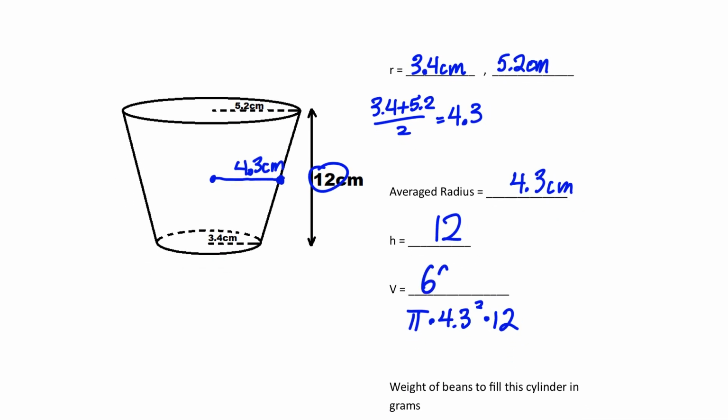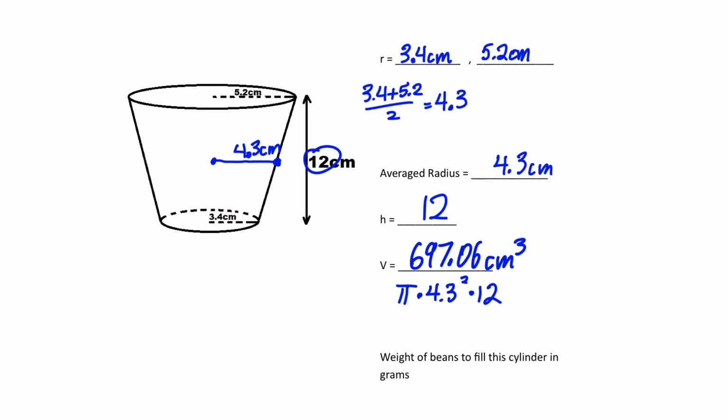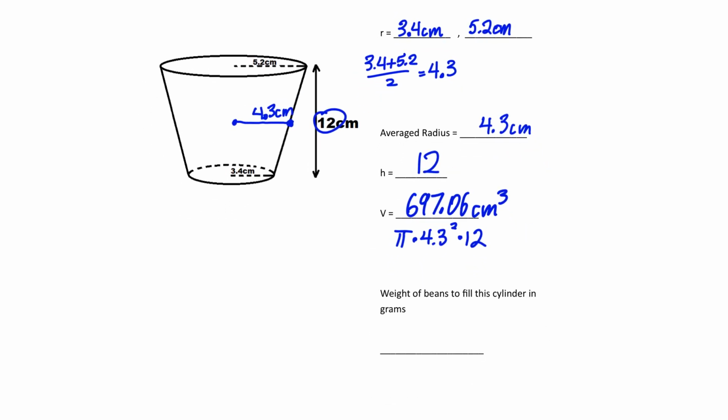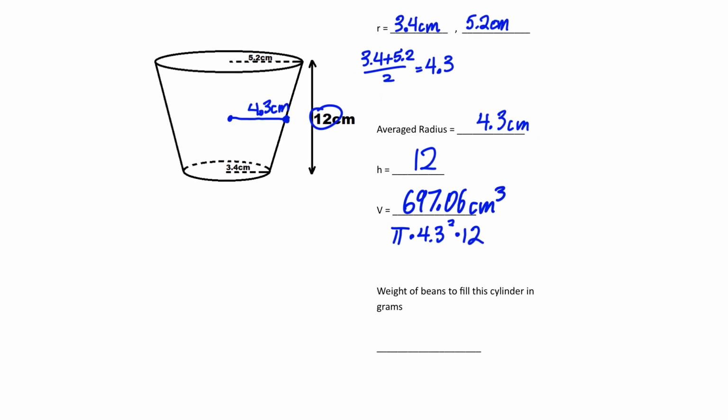697. Okay. So 697.06 cubic centimeters. And so that would be the volume. I want to find out how many grams of beans would fit into that thing. So I'm going to take 697.06 times 0.80.